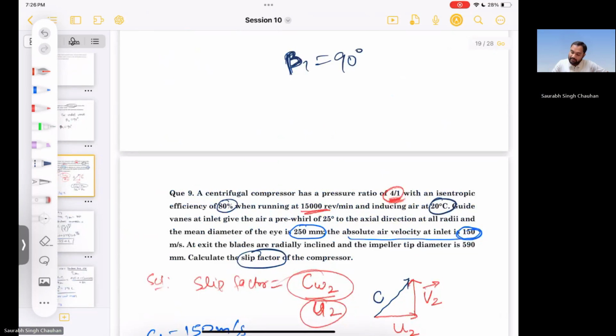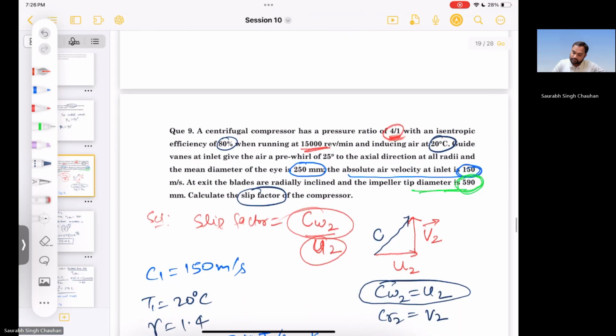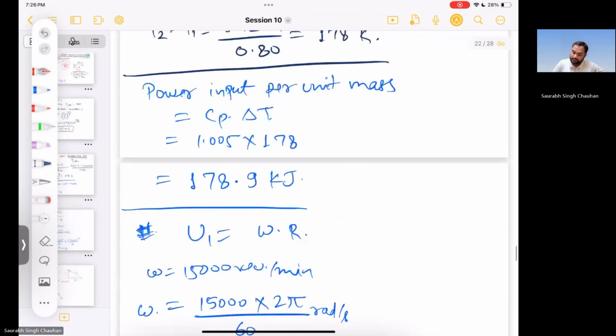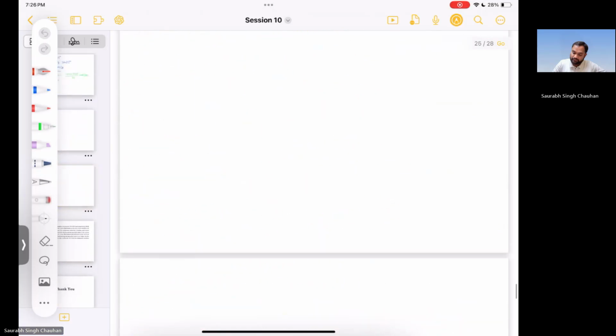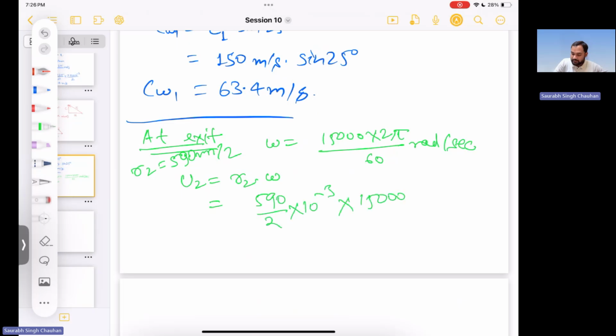Yes, the impeller tip diameter is 590 mm. So R2 is 590 mm by 2. So 590 by 2 times 10 to the power minus 3 times this omega gives meter per second.